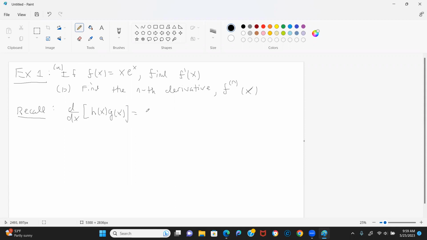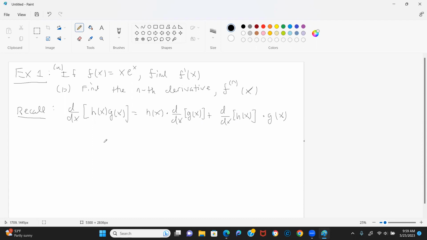The product rule says that, of course assuming h of x and g of x are differentiable, you take the first function and multiply it by the derivative of the second function, plus the derivative of the first function times the second function. Notice I read that pretty symbol free.